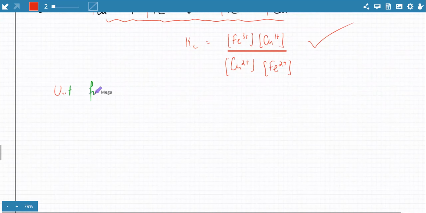That's the second thing. So that's part one: any question about Kc, that's going to be part one. This is going to be part two. You're going to be asked to calculate the unit for Kc.